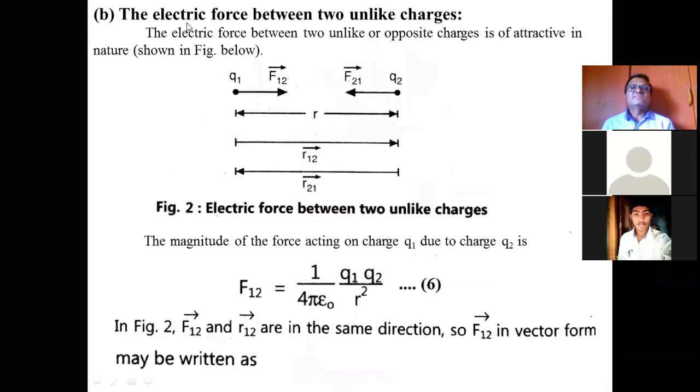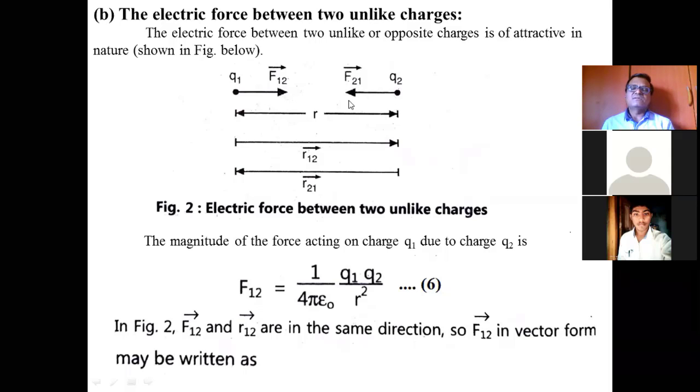Similarly, in case of the electric force between two unlike charges, if we consider q1 and q2 unlike charges, unlike means what? q1 is positive and q2 is negative, or q1 is negative and q2 is positive. They are unlike charges. Between unlike charges there is an attractive force. Therefore, force f12 bar, the force exerted on charge q1 due to charge q2, is in this direction, and the force exerted on charge q2 due to charge q1, f21 bar, is in this direction.